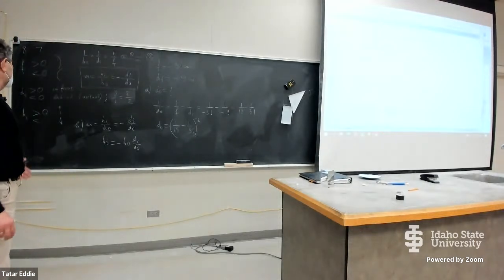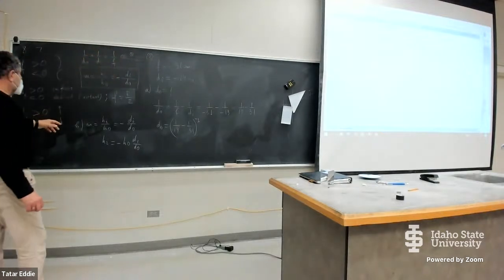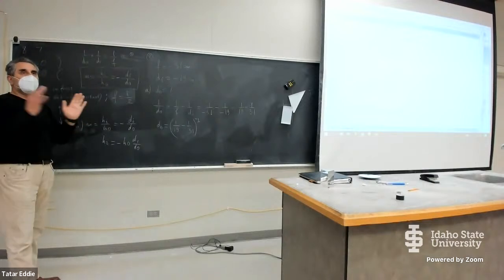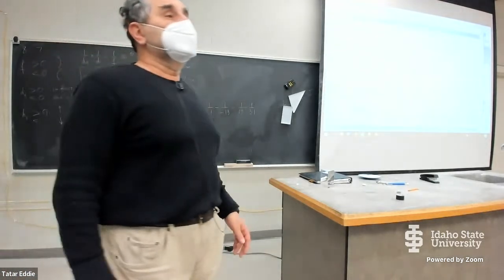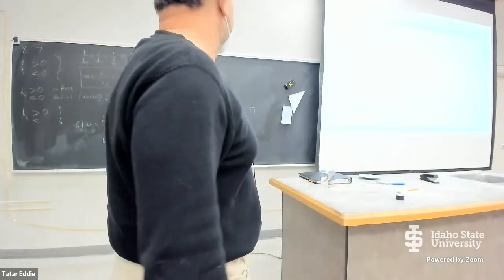Is the object smaller or larger? Well, when you calculate this magnification, you're going to get a number that is smaller than 1, which means that you're going to have reduced in size object.